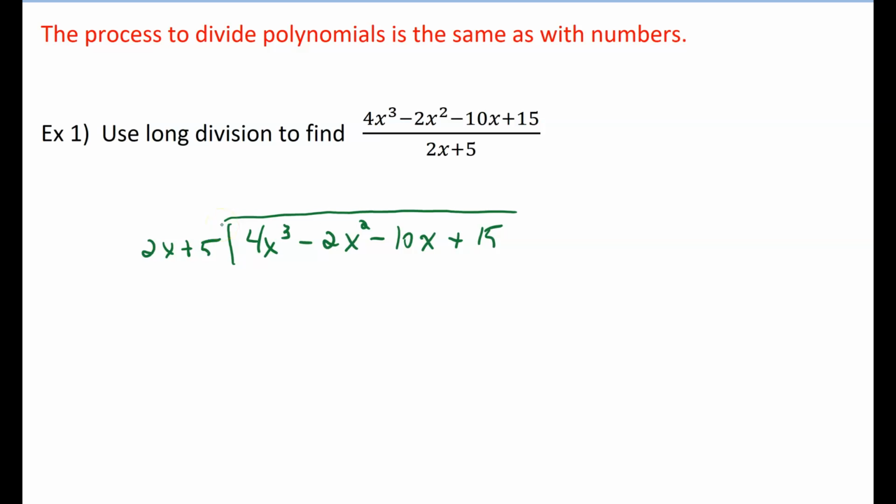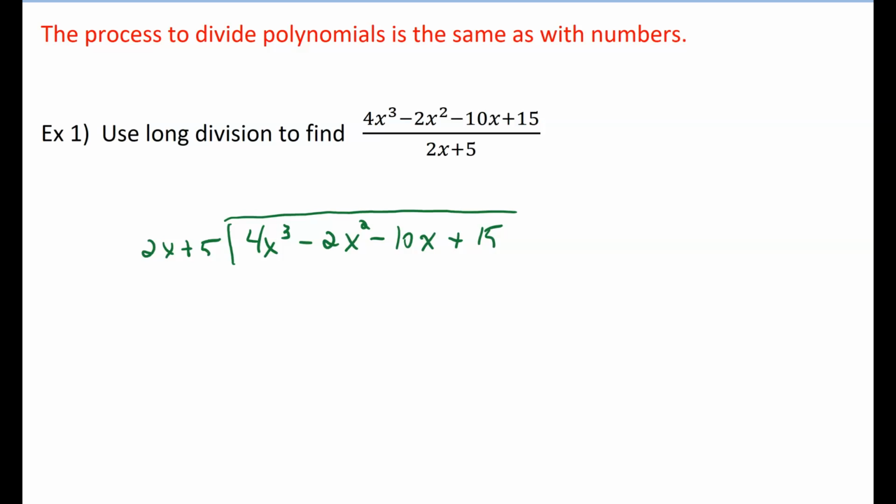All right, so if you remember in our integer division, we looked at the term that we were dividing by to figure out how many times it would fit into the first couple digits of the dividend. So we're going to do the same thing here, except I'm only going to look at the first term because everything else will build off of that. It's like a domino effect.